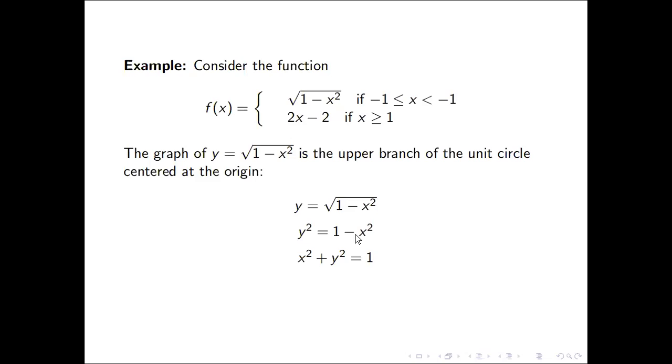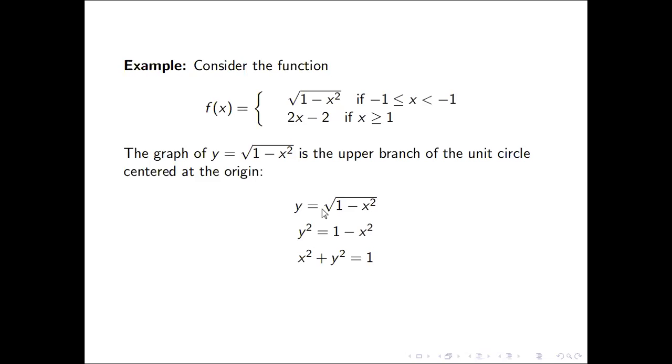Notice if I reverse the steps, going from this line back to this line, if I transpose x squared to solve for y, I get this line. Now, if I solve for y, I should include not only the positive root but also the negative root.